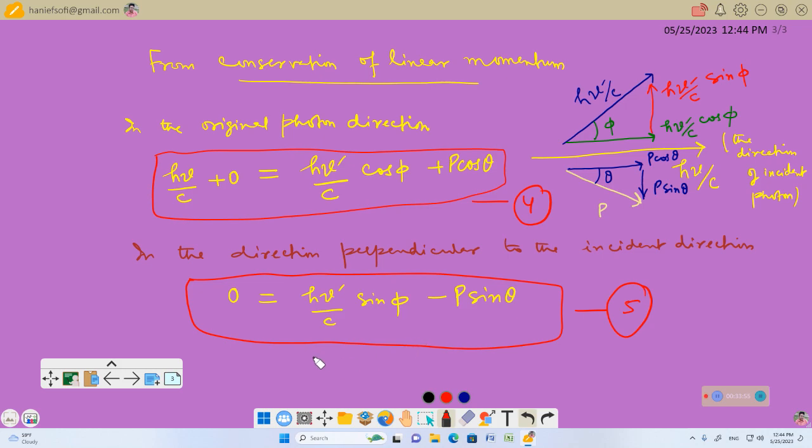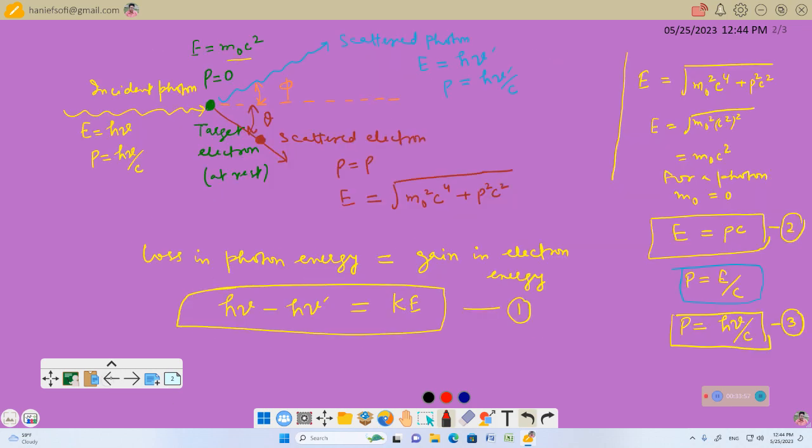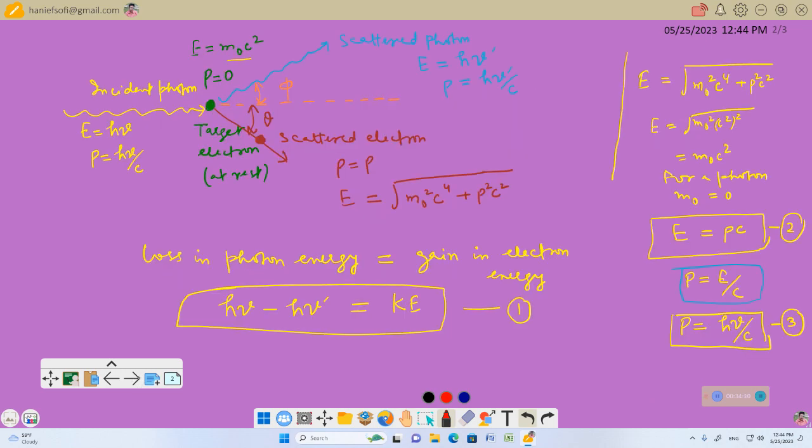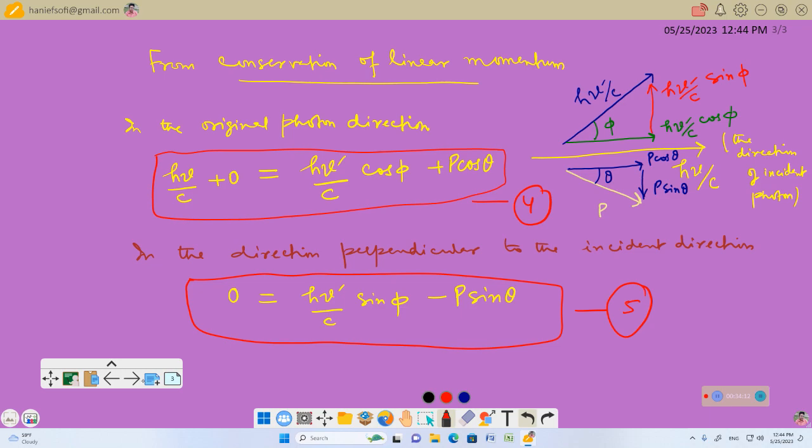That's our purpose, which I told you in the first place. We have to find this difference, the Compton shift, lambda prime minus lambda, right? That we will do in the next lecture. I hope it is clear. We will continue from this. I stop here and we will continue in the next lecture.